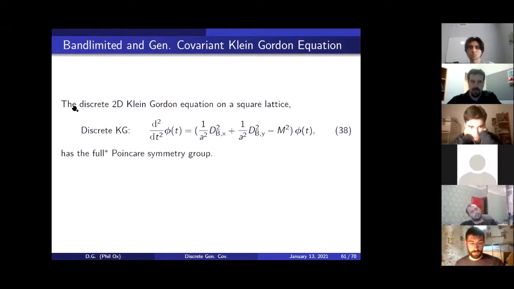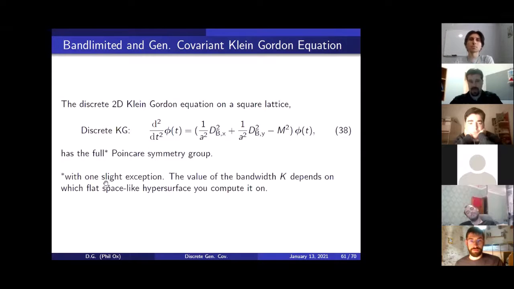This discrete 2D Klein-Gordon equation, these particular discrete values relating to each other over time in this way, has a full Poincare symmetry group. There's no reason that this discretized object can't have a Poincare symmetry, even though there are continuous translations and boosts inside of here.